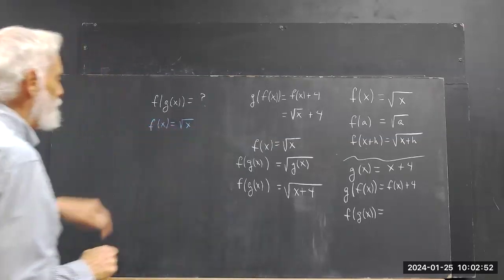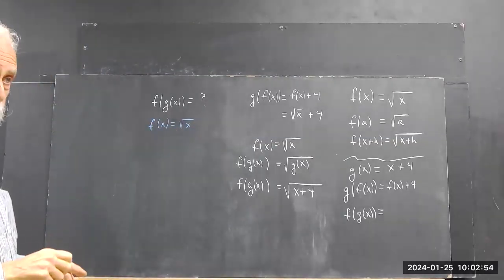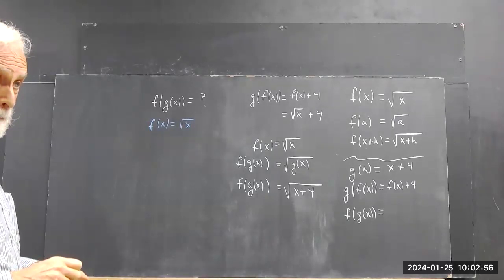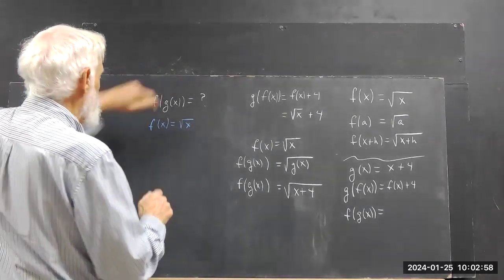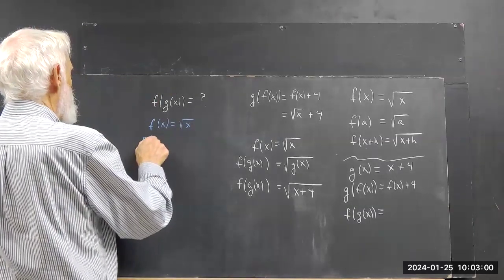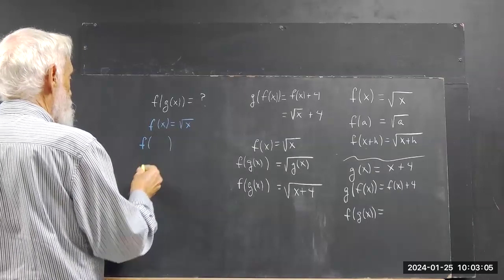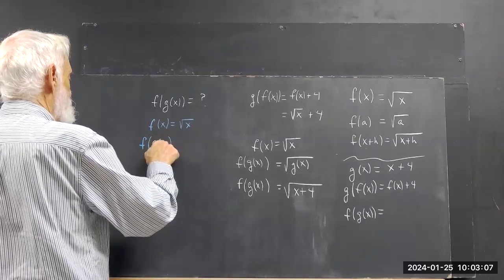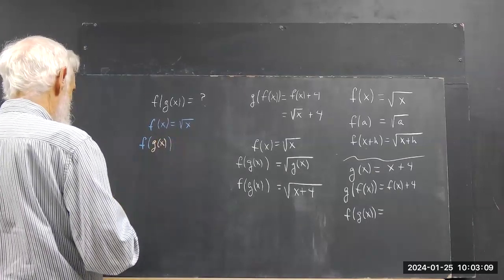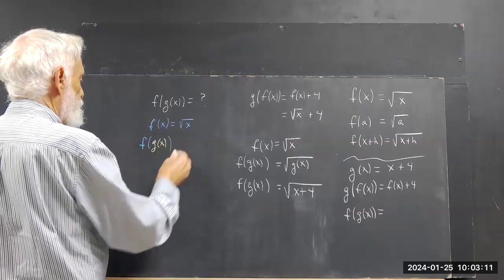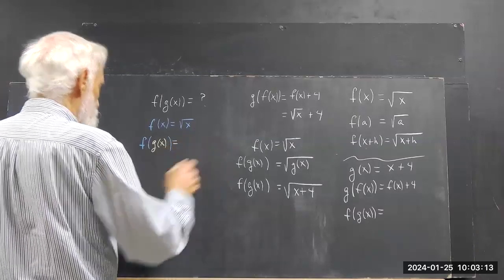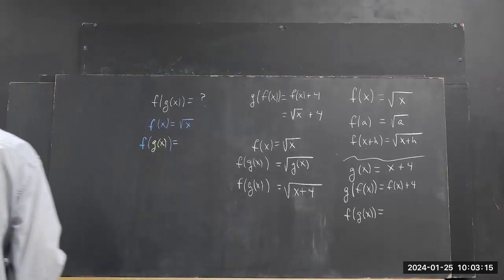First definition is f of x equals square root of x. Now my expression here is f of, and I'm going to use a different color for g of x. Now, what is f of g of x equal?